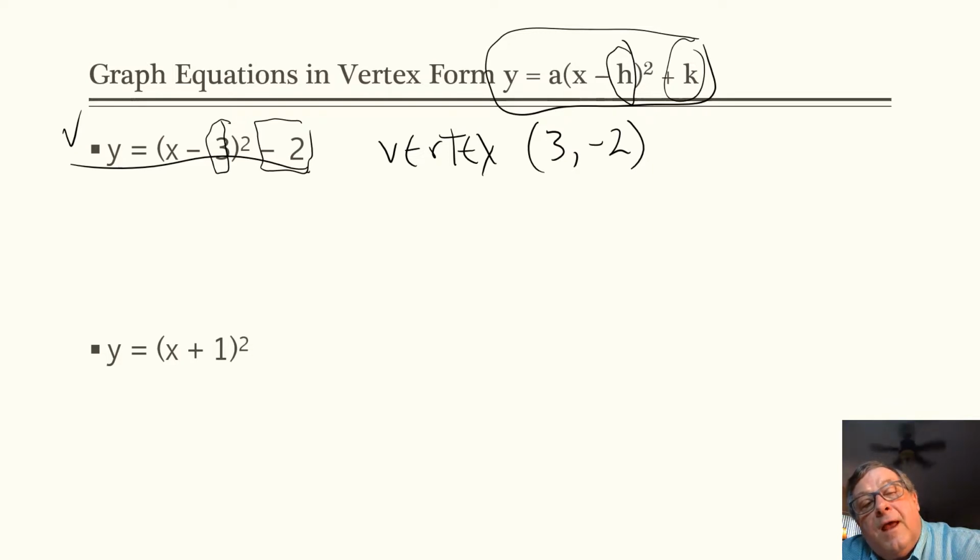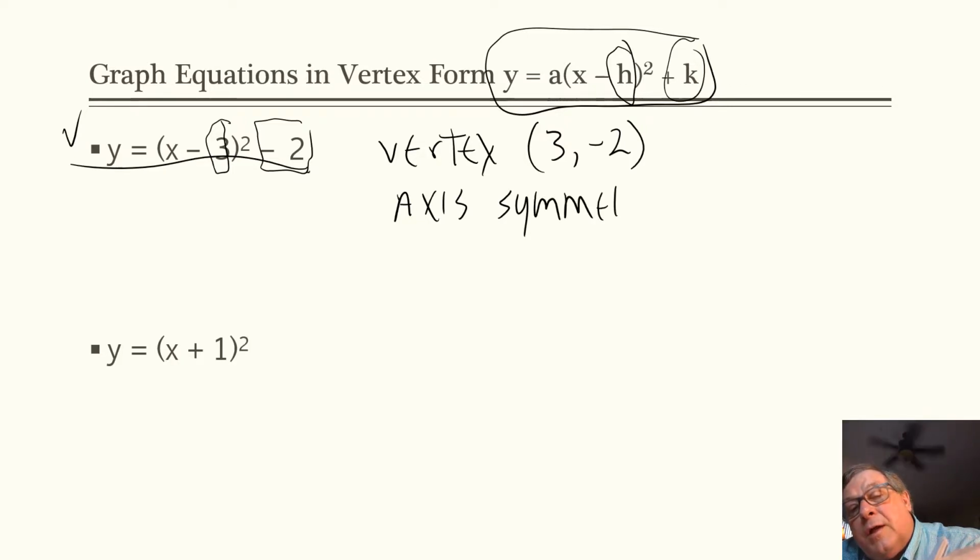And 3 is also the axis, when x is equal to 3, I should say. That's the axis of symmetry of that graph, which means that any point on that graph is going to be equidistant from that axis of symmetry, and it will probably be a little better to see once we get on the graph.